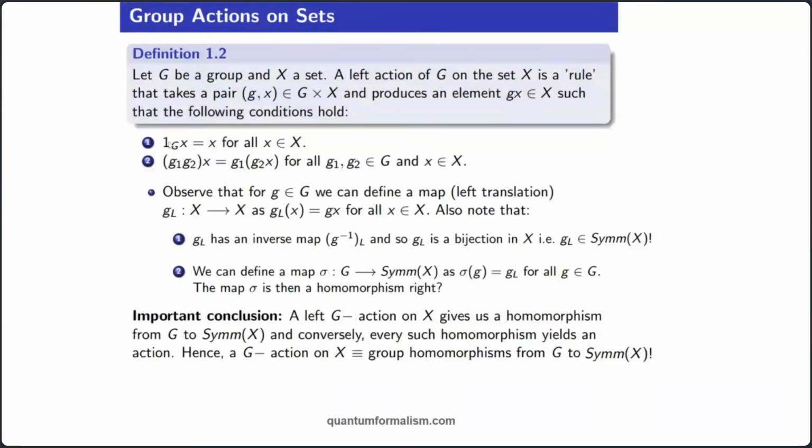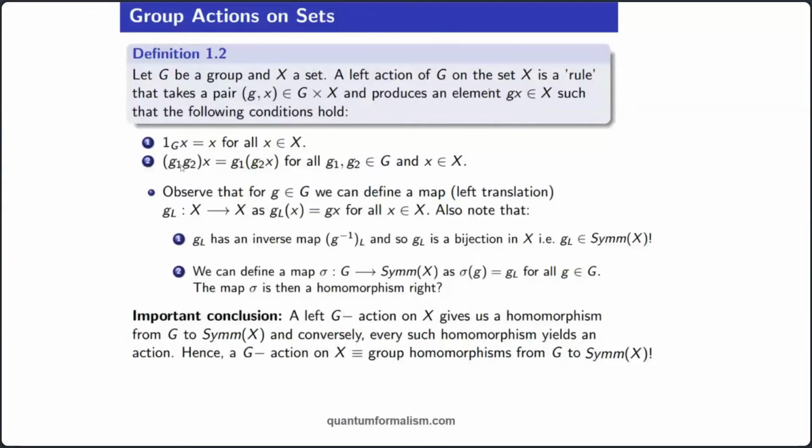If you take 1_G, where 1_G is obviously the identity of G, you apply the rule on x with 1_G x, you should get x, okay? So 1_G acting on the element x does nothing to x, so it leaves it invariant, okay?